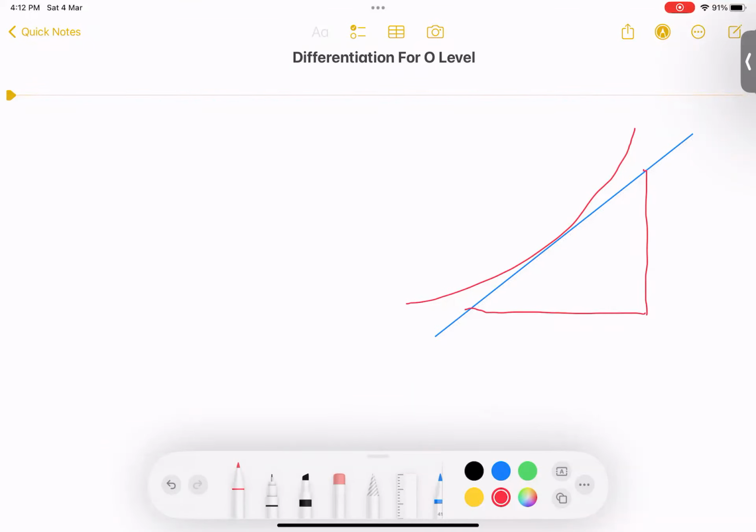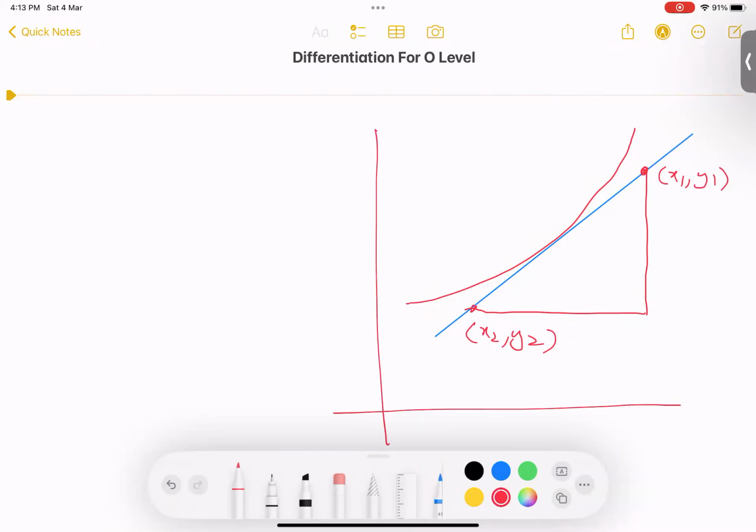What is the coordinate here? This is called x1 and y1. And the coordinate at this point is called x2 and y2. For your knowledge, this gap is called y2 minus y1. How come?